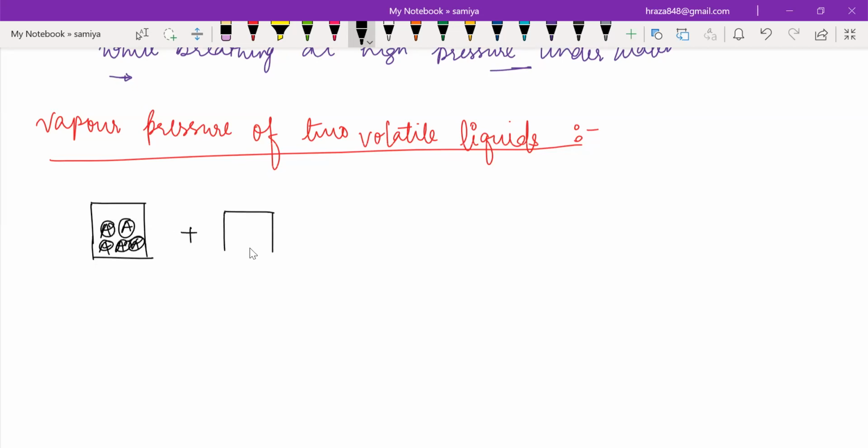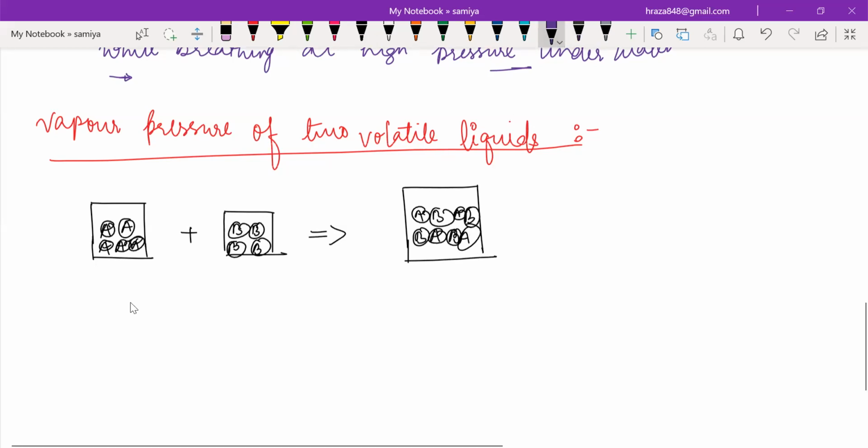Another container in which B is present. B is basically the solute you can take. And now if you are going to mix this in a bigger container, it will be like A, B, A, B. Also A, B, A, B.